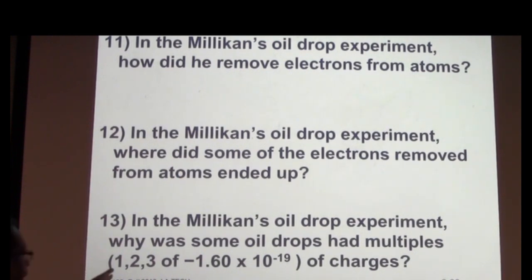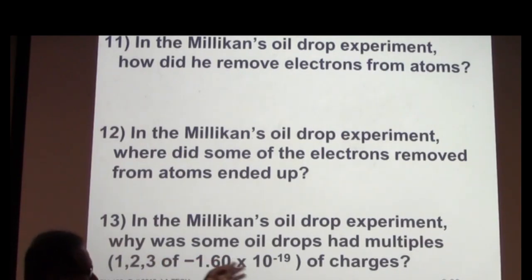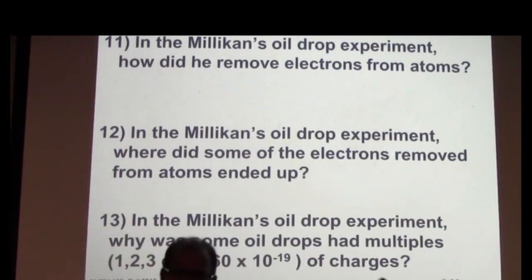If you have 2 times that, that means the oil drop had 2. If you have 3 times that, the oil drop had 3. But this consistently showed that the electronic charge is negative 1.6 times 10 to the negative 19, right?